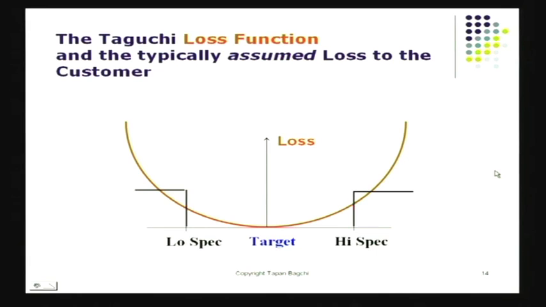Here's a plot, and notice on the x-axis I've got some quality characteristic. It could be, for example, my shirt size. That could be the quality characteristic as far as this shirt is concerned.